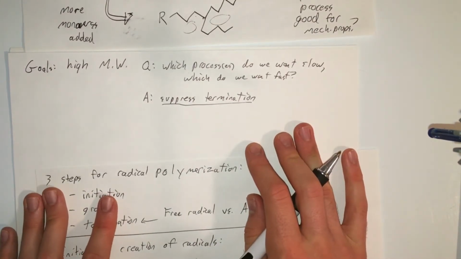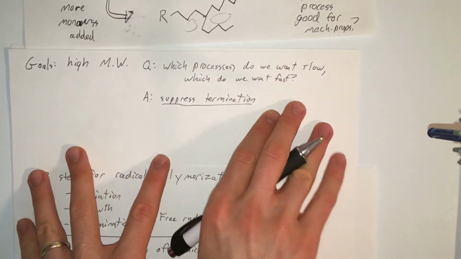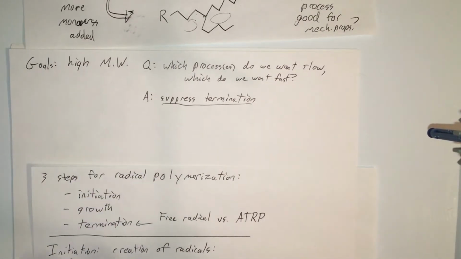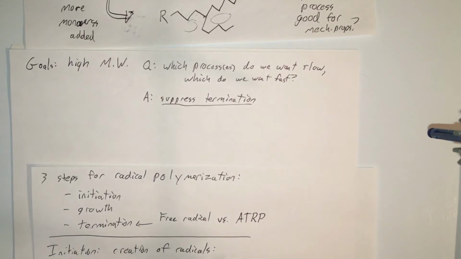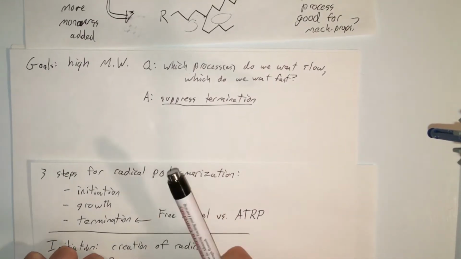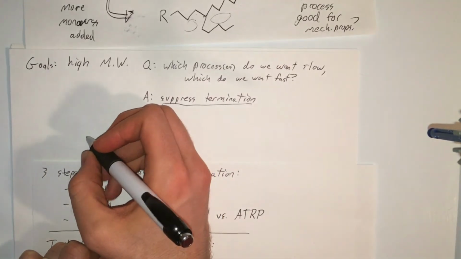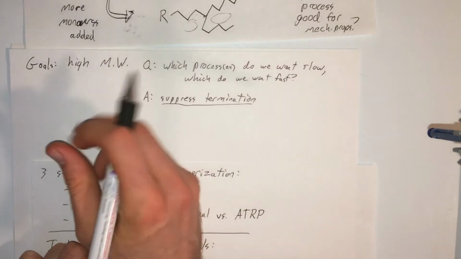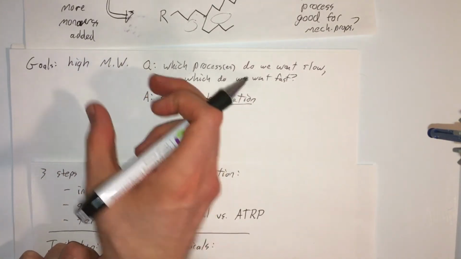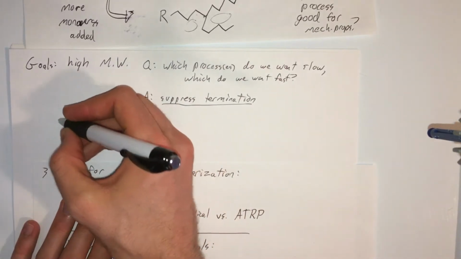In addition to getting high molecular weight polymers, we also might want our polymerization process to produce polymers all of approximately the same size. We talked about that a little bit earlier when we talked about how we quantify molecular weight. One way of quantifying the spread of molecular weights is the polydispersity index.